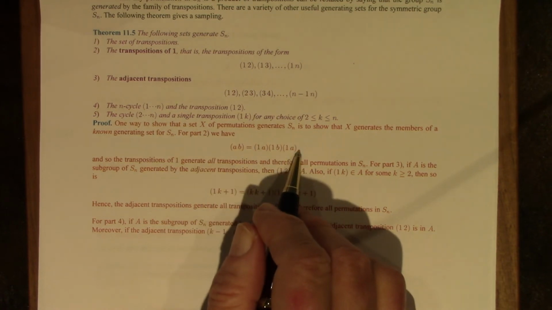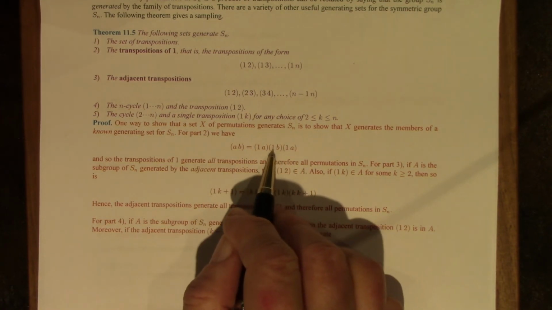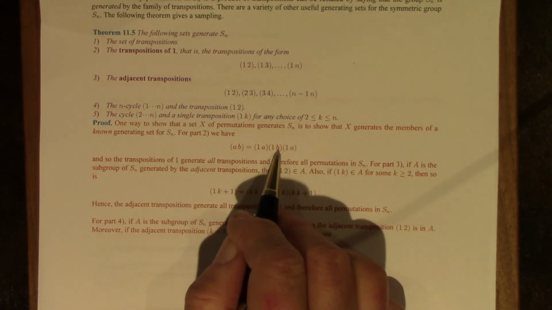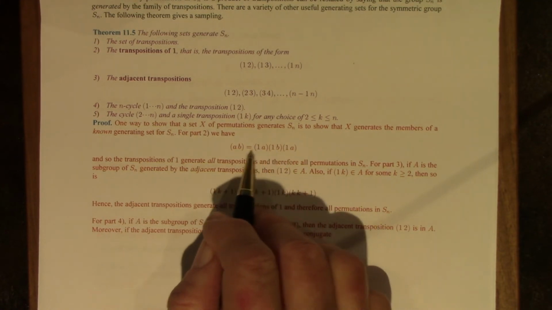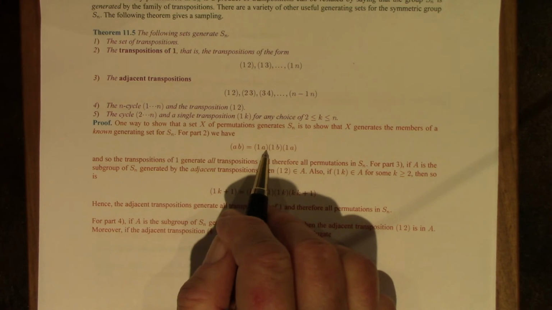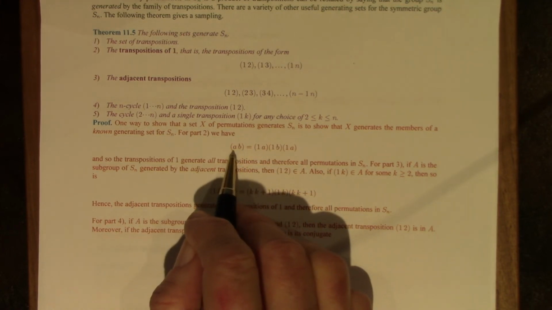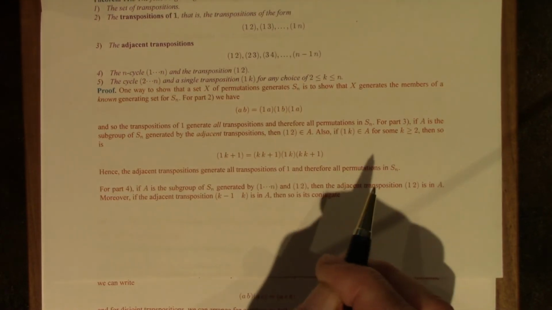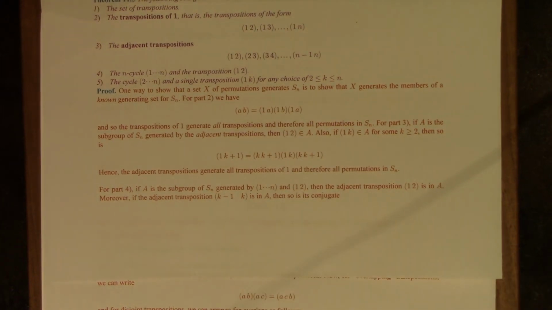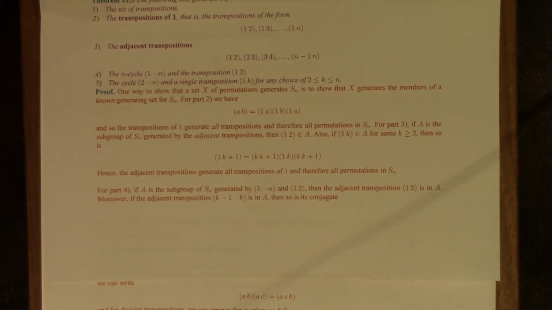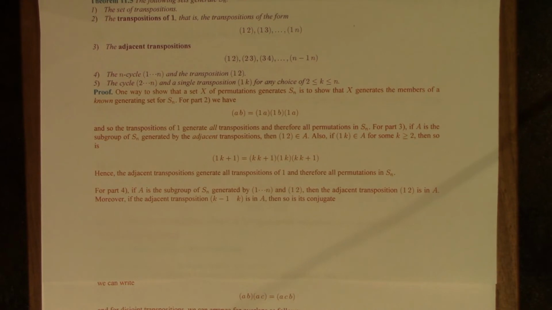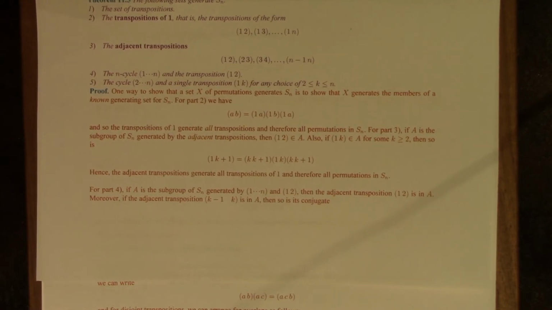And finally, B goes to this, unmoved by this, moved to 1. 1 is moved back to A. So B goes to A, just like this side. So the transpositions of 1 generate all transpositions, and therefore they will generate all permutations.